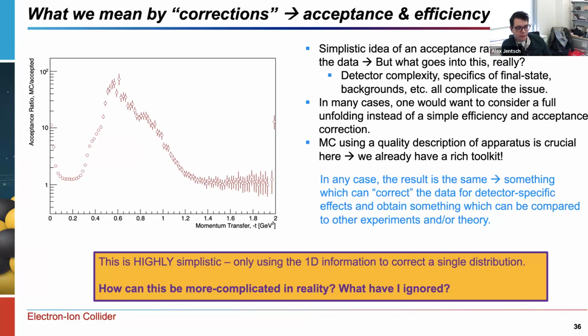And so that's another thing that's really important to understand in these acceptances: what drives the acceptance loss. Maybe it's not such a simple 1D acceptance correction you have to consider. I'm only showing a 1D acceptance correction here for simplicity, to make our lives easier in this discussion, but these are the kinds of questions you need to be asking yourself. Another thing that's really important within this discussion of acceptance is whether or not you have an observable that is very sensitive to this sort of thing.